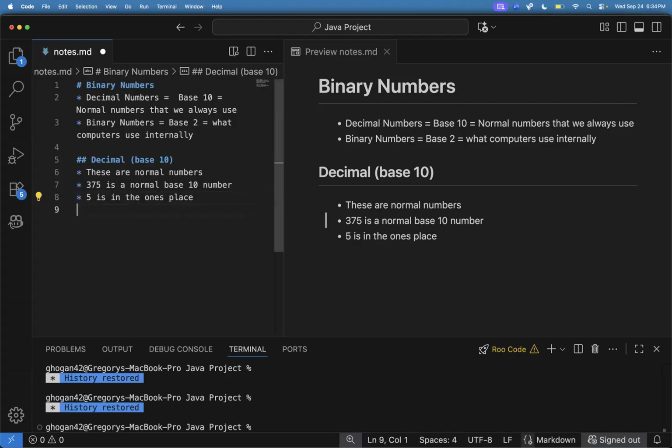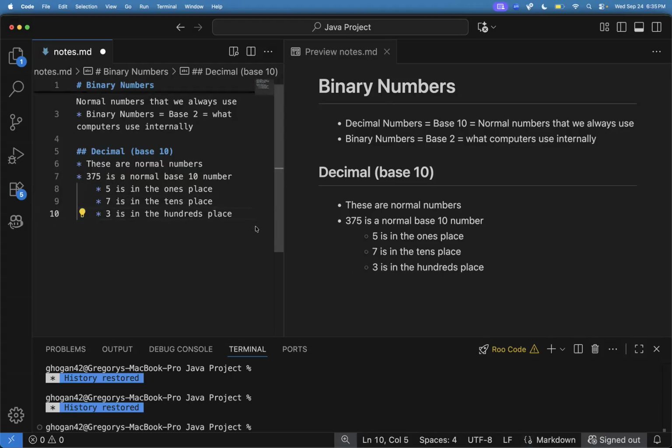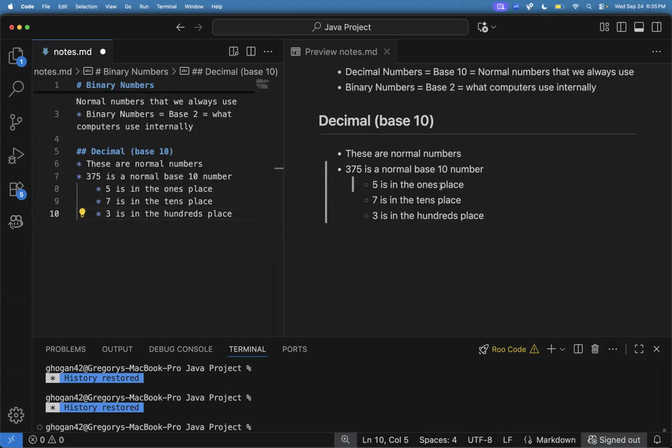The seven is in the tens place. And the three is in the hundreds place.